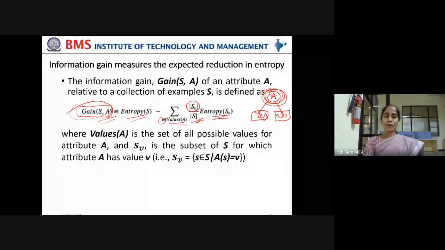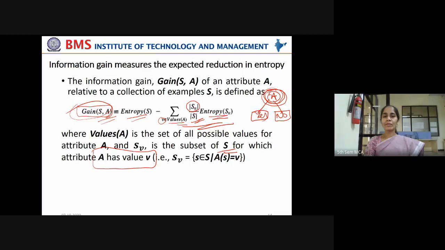That is what we are giving with this formula, where Values(A) is the set of all possible values for attribute A, and Sv is the subset of S for which the attribute A has value v. Say A is the attribute name sky.